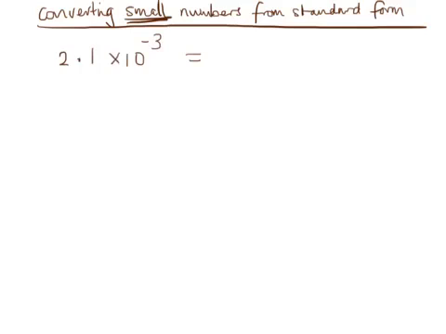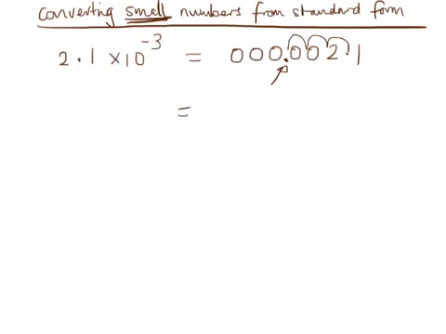Okay? So we need some noughts in there so that we can move it from its current position, which is there, 3 times. I've probably put too many noughts in there, but it doesn't matter. Let's see what we get. We move it from here, and we go 1, 2, 3. So the new place for the decimal point is here.